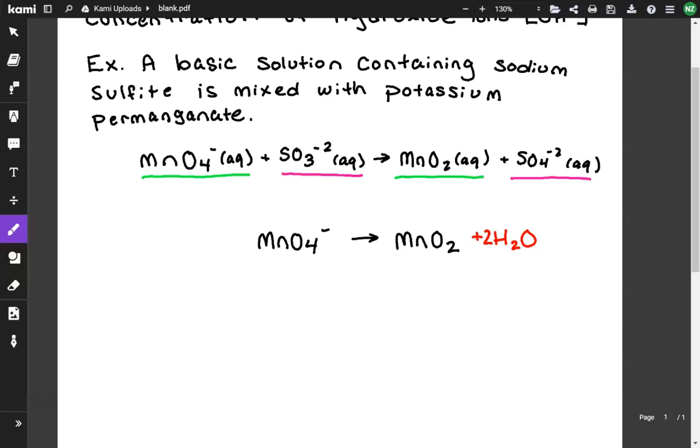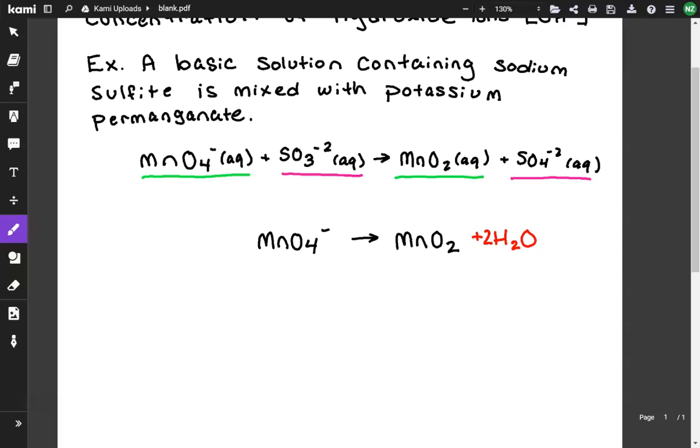Great. So now what do I do? Krista, what's my next step? Look at the reaction. You've got manganese on both sides, you have oxygens on both sides. Look at the individual elements: you've got manganese, oxygen, and hydrogen.